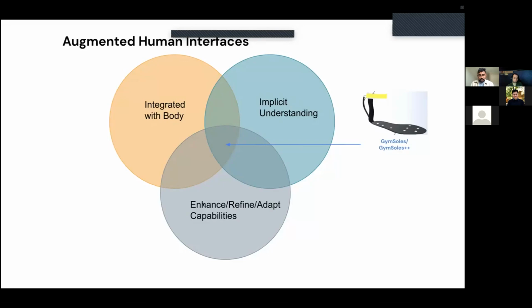And then finally, it uses the understanding of center of pressure to improve our posture. So we can say that this interface lies in the intersection of these 3 qualities.